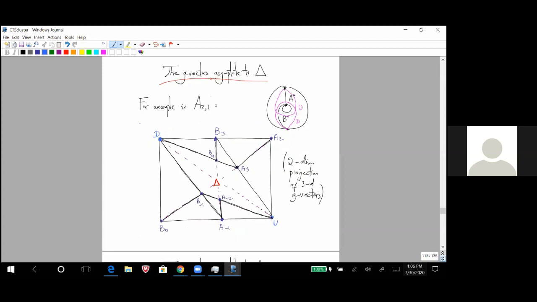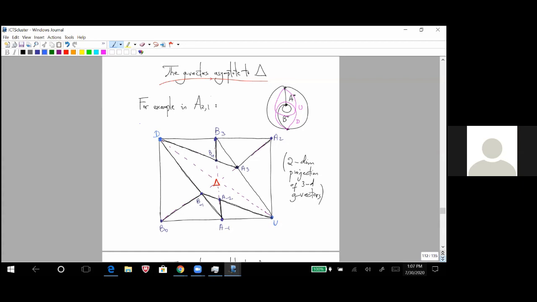Now, what happens in this A n1 n2 example is again all the winding g vectors asymptote to a delta, just like we saw in our simplest example.